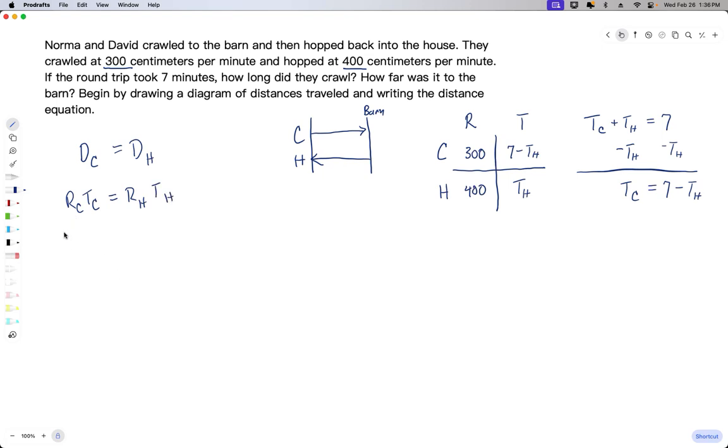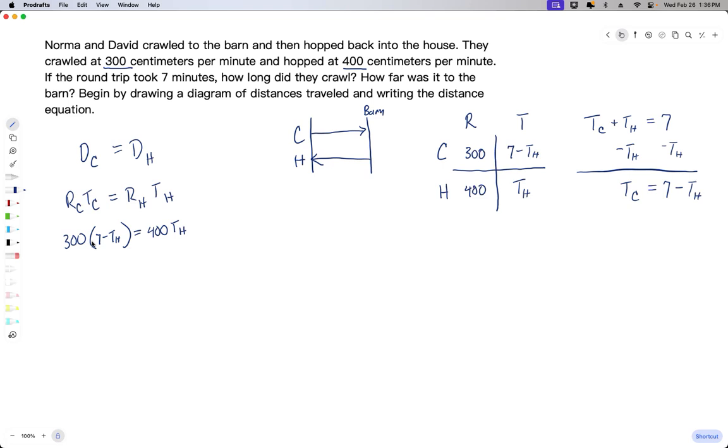The rate crawling was 300. The time crawling is 7 minus the time hopping. The rate hopping is 400, and we still don't know the time hopping.